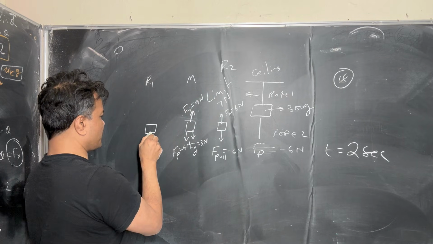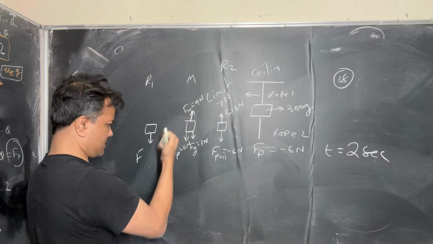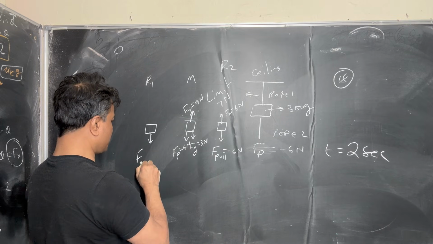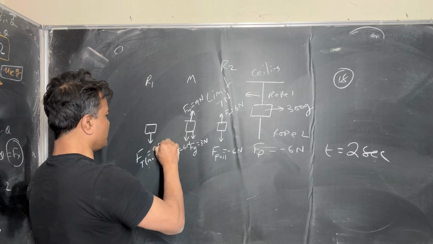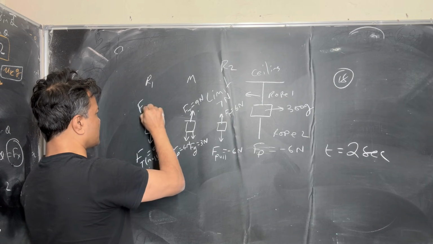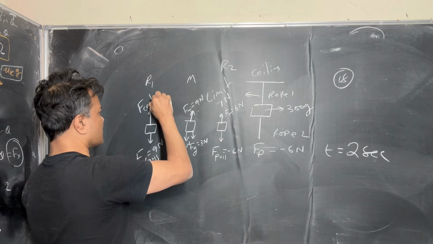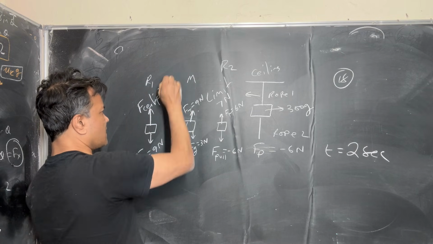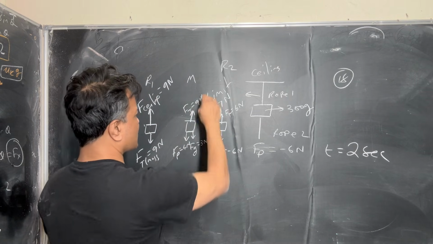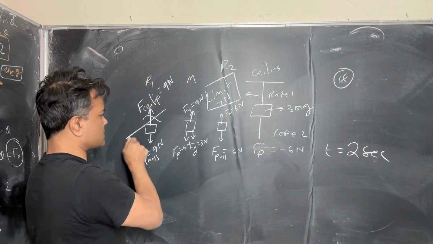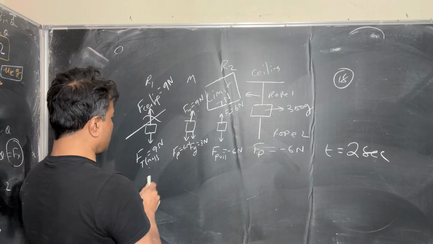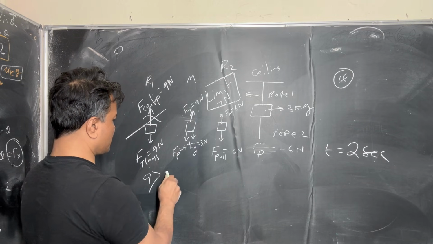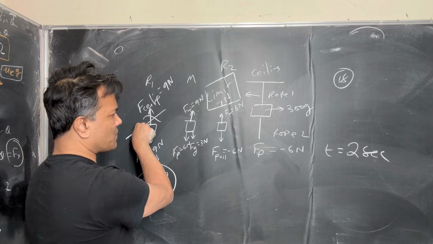So this is F down due to mass, 9 Newton. So this is F ceiling, 9 Newton. It cannot handle 9 Newton because the limit is 7 Newton. So this breaks, because 9 Newton is bigger than 7 Newton. So rope 1 breaks.